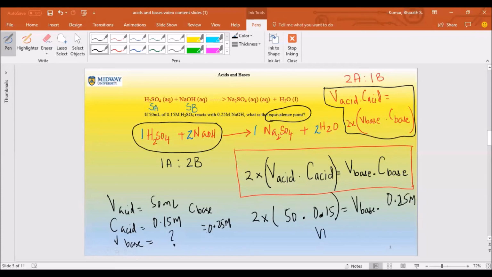Put all that in and get the base. Now you will see that it's different. So 2 times 50 times 0.15 divided by 0.25.